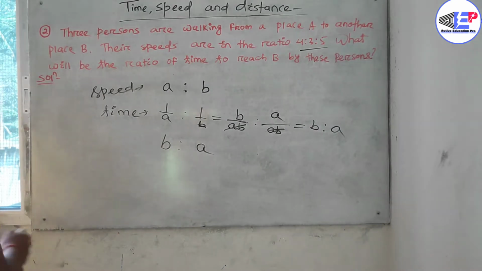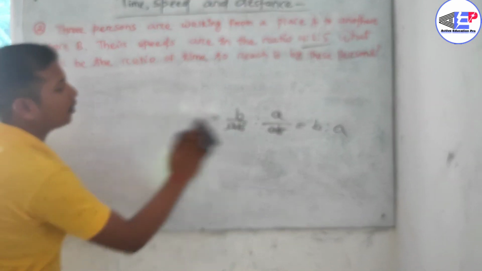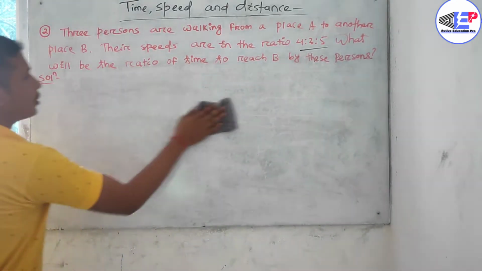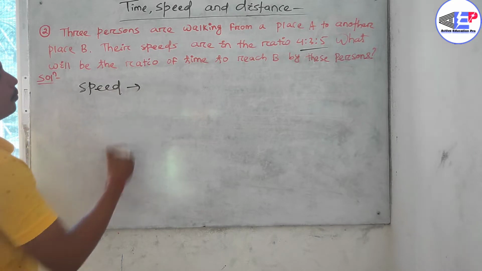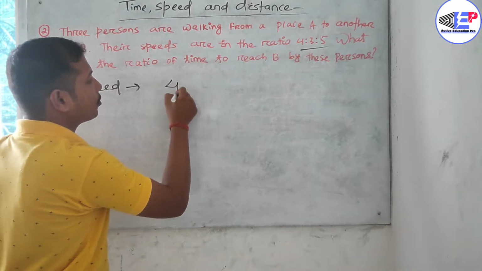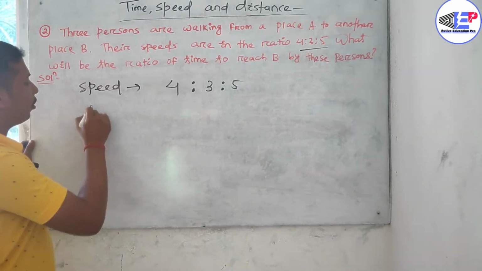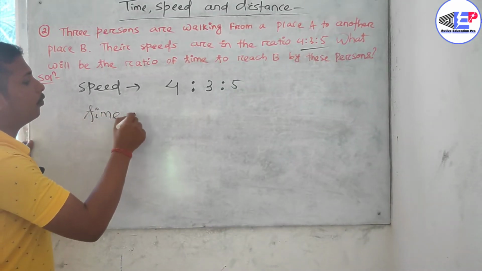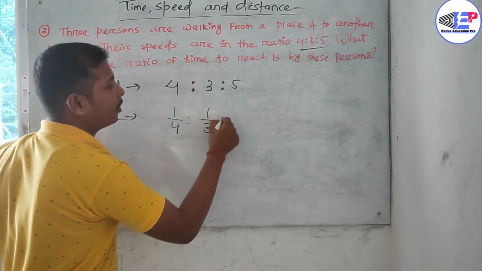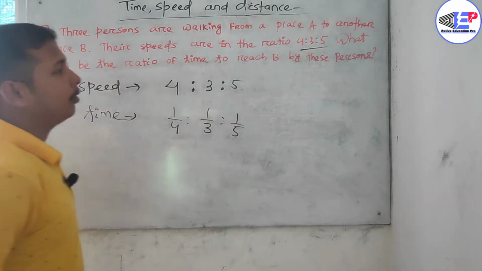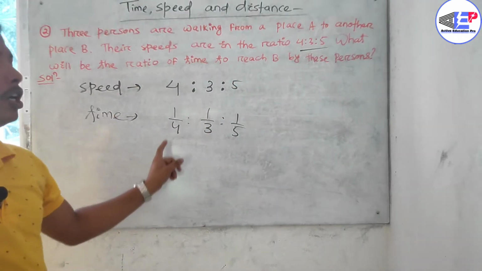Here it is given that 3 persons are traveling with speed ratio 4:3:5, and the ratio of their time will be equal to 1/4:1/3:1/5, because these 3 persons are traveling the same distance.